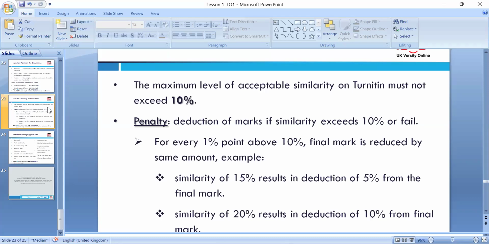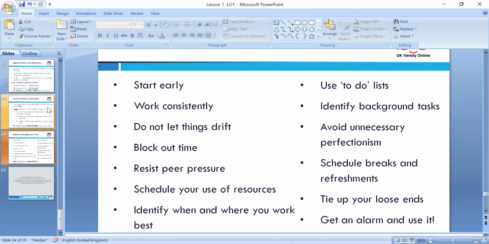When we check similarities, it's to make sure it's your own piece of work, not copied, and not generated using ChatGPT or other tools. So we have to look at this perspective very carefully. Please make sure it's in your own words and it's your own research.